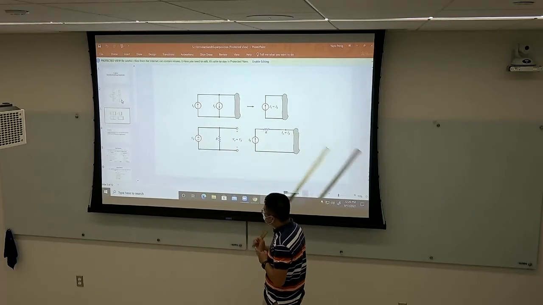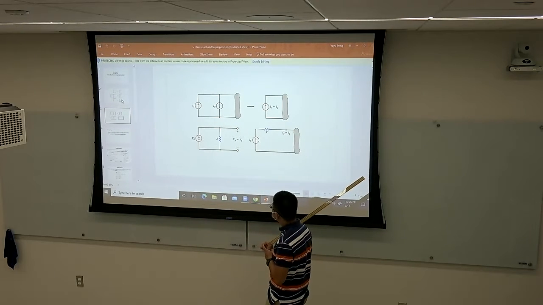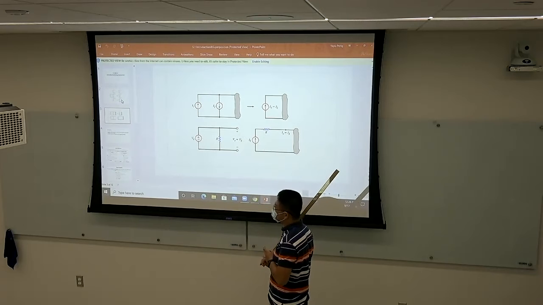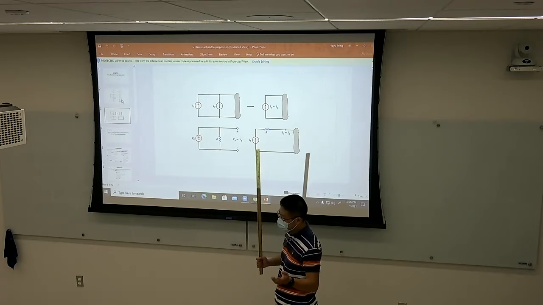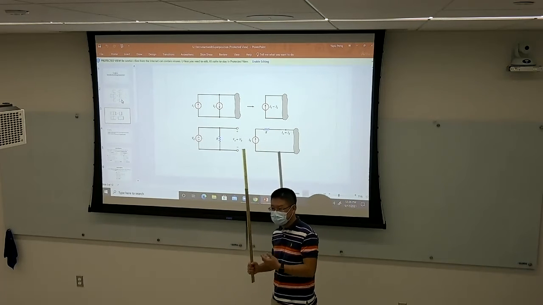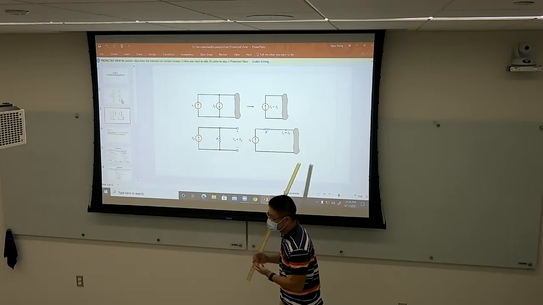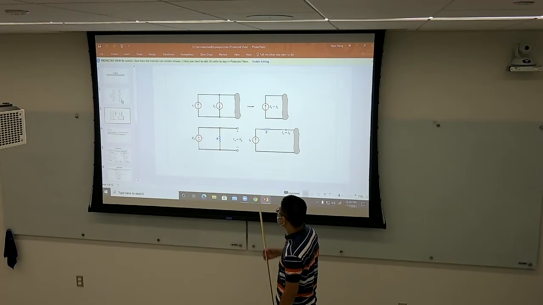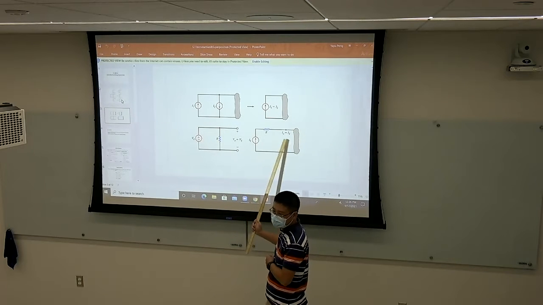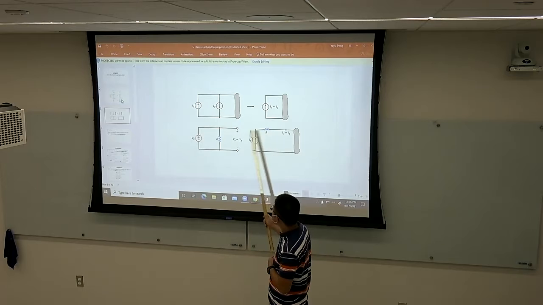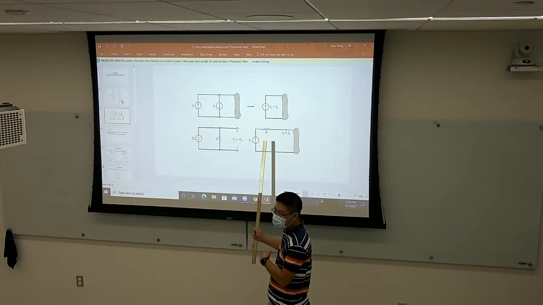For the voltage source and the current source, in the previous chapters we discussed the ideal scenario. But in an actual scenario, they have some resistance, so these two circuits are equivalent. Later we will introduce it.